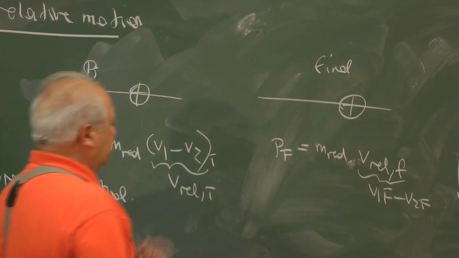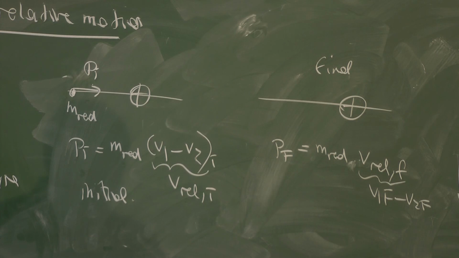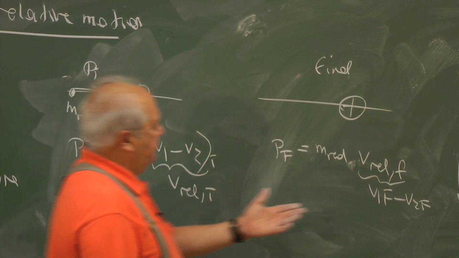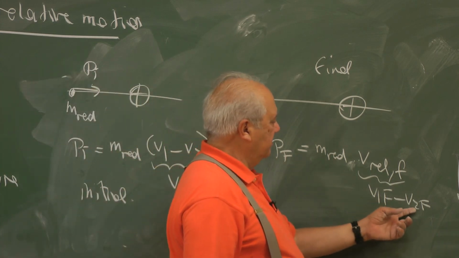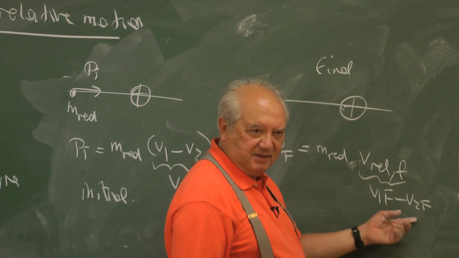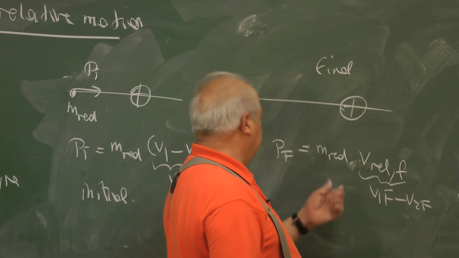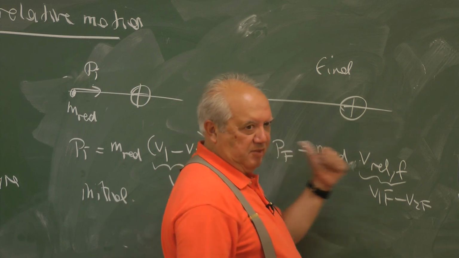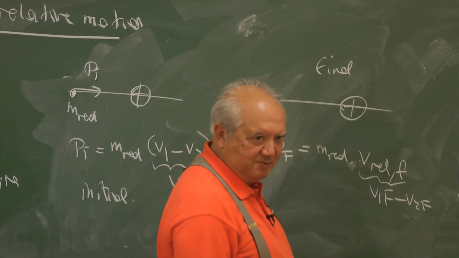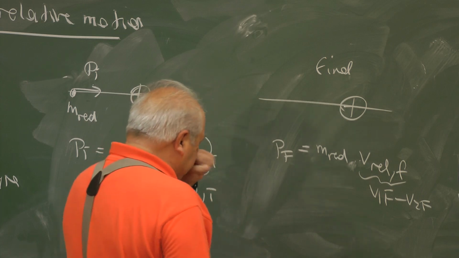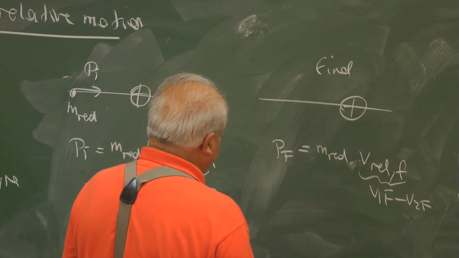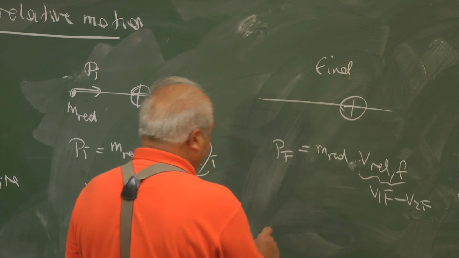But one would think V1F should not be greater than V2F because otherwise they will hit again, and that PF should better look to the left in this picture. So let's write it with vectors.